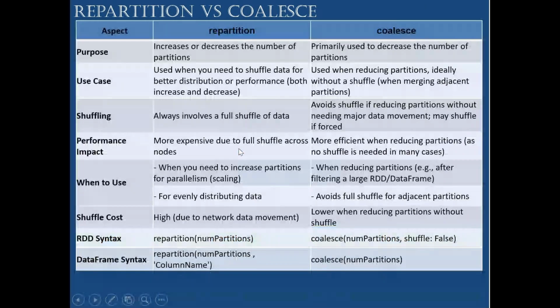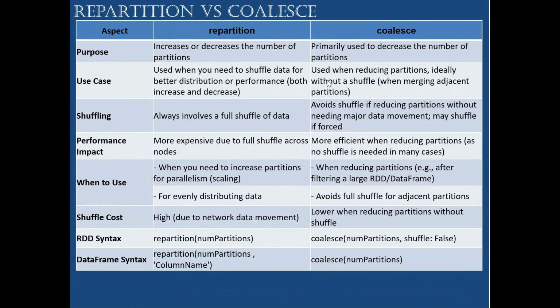So if you look at the difference: repartition can increase or decrease the number of partitions. Coalesce is primarily used to decrease the number of partitions. Use case: when you need to shuffle data for better distribution or performance, you can go for repartition.